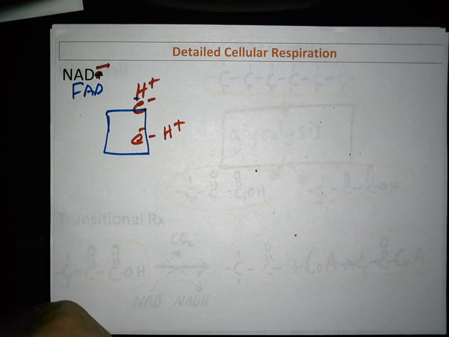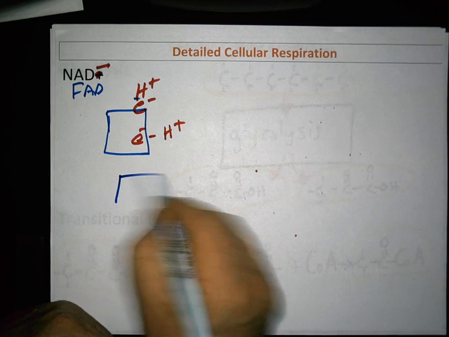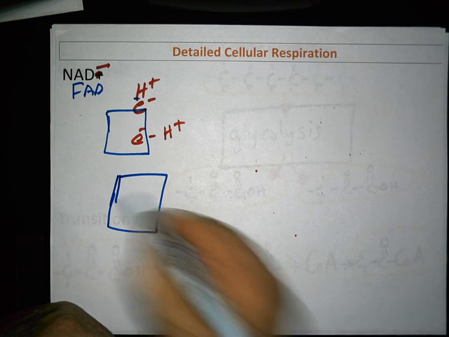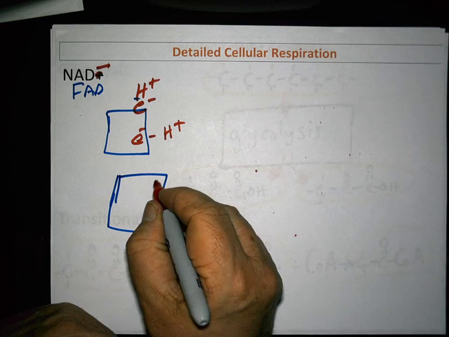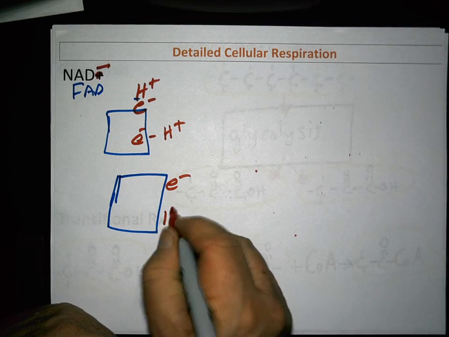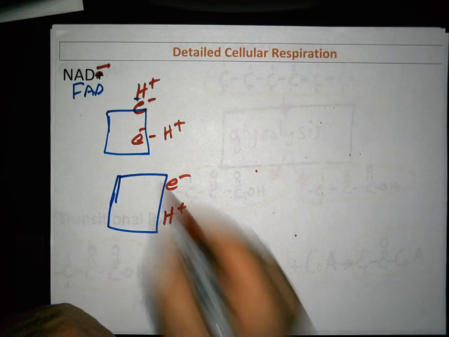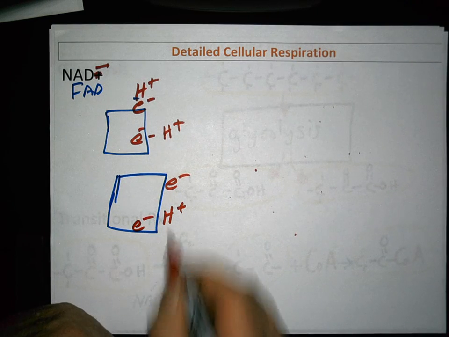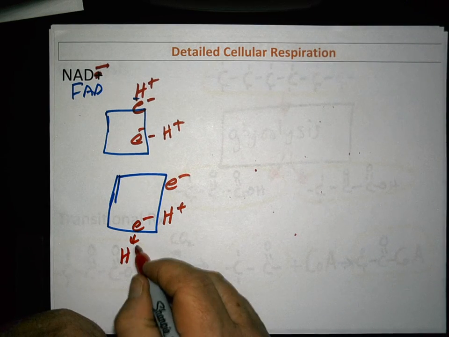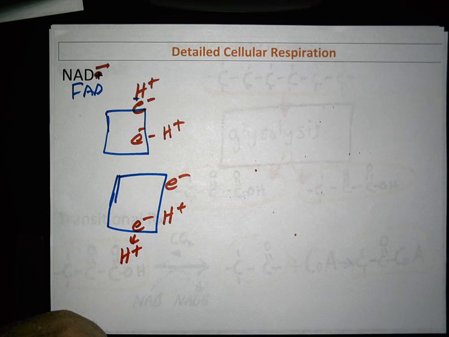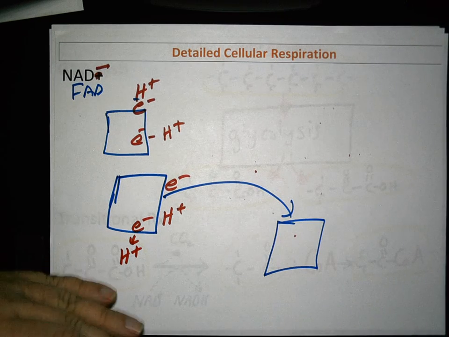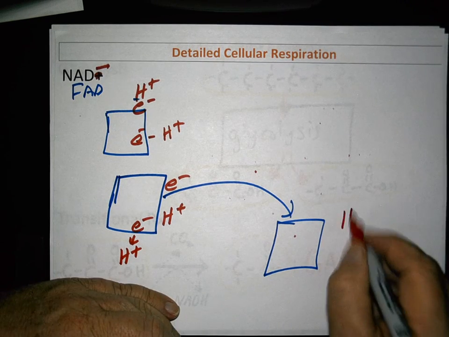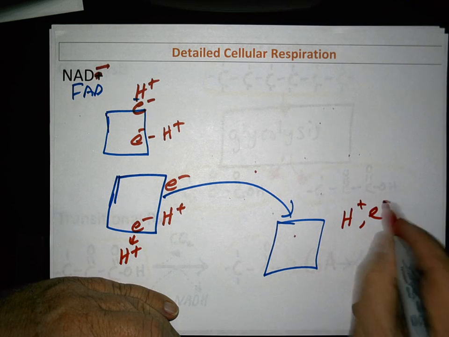So what happens, you begin with NAD, you add a hydrogen atom and electron, and it carries with it the positive proton. This molecule can now travel to any place else in the cell and release the hydrogen atoms, which means the proton and the electron.